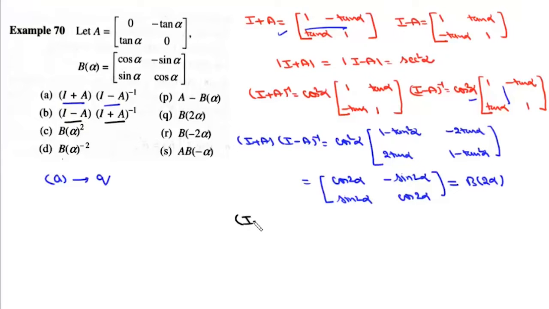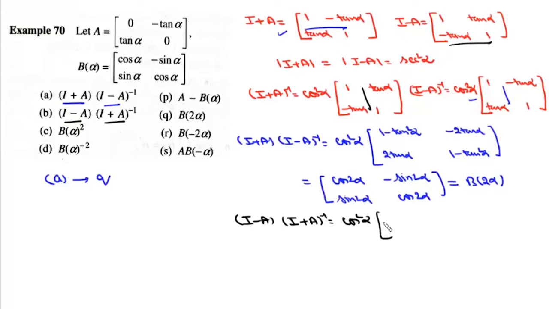And the second one, we have I minus A into I plus A inverse. So I minus A into I plus A inverse will be cos square alpha, and then now we'll multiply I minus A with I plus A inverse.